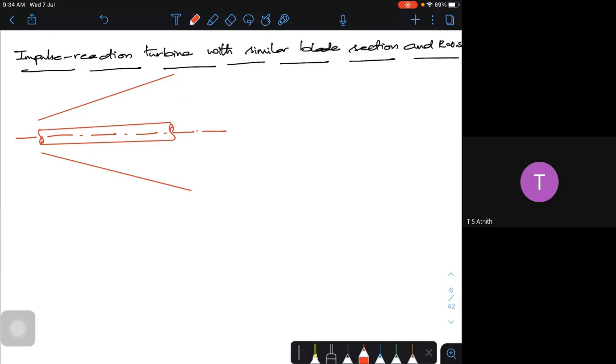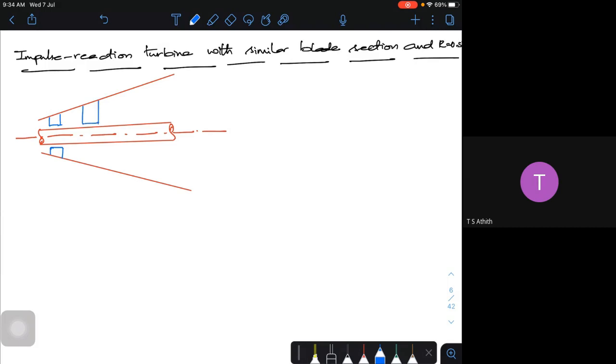So on this, I'll be having the stator and rotor. The stator is fixed to your casing. These are my stator blades. Look at this. Whatever I am drawing in the blue color, they are stator blades.